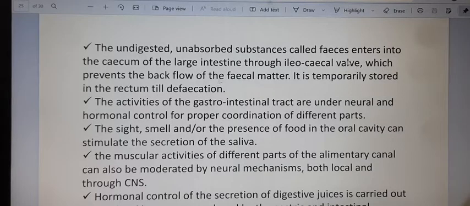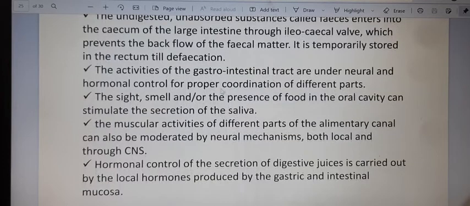This is the valve which is present between the small intestine and the large intestine opening. So it prevents the backflow of fecal matter. It is temporarily stored in the rectum till defecation. So defecation means the passing out of the undigested food in the form of feces.